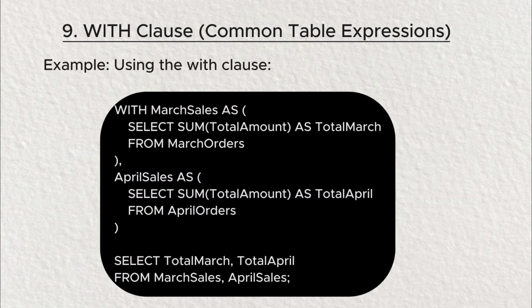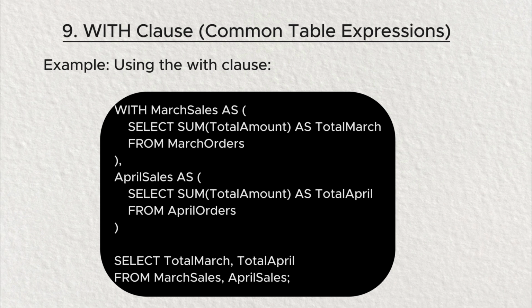So the first thing we'll do is use with to create a temporary table called March sales, and then we select and sum the total amount from the March orders table, and we rename it to total March.